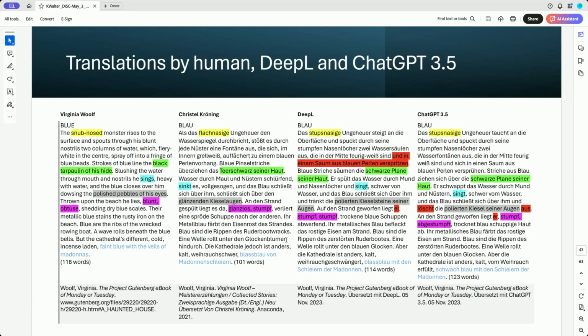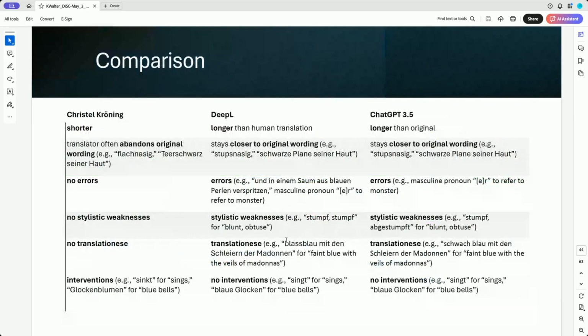Slushing the water through mouth and nostrils, he sings, heavy with water, and the blue closes over him, dousing the polished pebbles of his eyes. Thrown upon the beach he lies, blunt, obtuse, shedding dry blue scales. Their metallic blue stains the rusty iron on the beach. Blue are the ribs of the wrecked rowing boat. A wave rolls beneath the blue bells. But the cathedral's different, cold, incense-laden, faint blue with the veils of Madonnas.